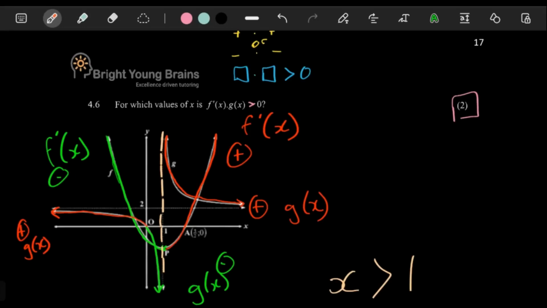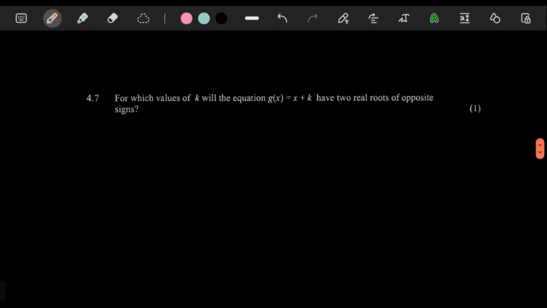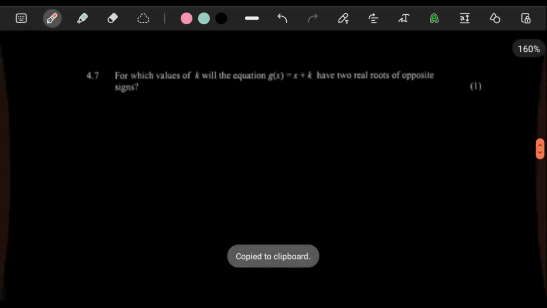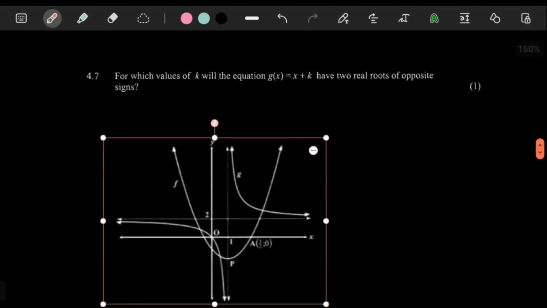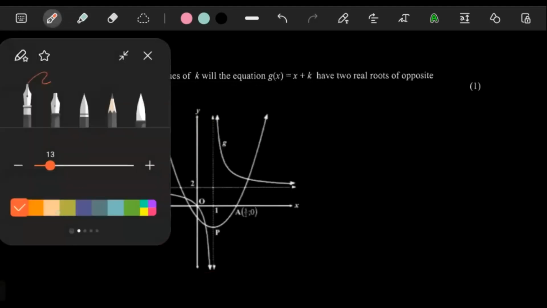So, moving on, 4.7 says: for which values of k will this equation have 2 real roots of opposite signs? If you have properly gone through the functions and graphs course, these questions actually make sense.